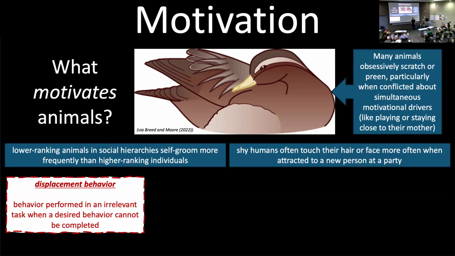Like a dog might encounter a statue that it's never seen before, and it starts jumping in place because it wants to interact with the statue, but it's also a little bit weird, and it doesn't make sense why the dog is jumping around while staring at the statue. That's what people would bin into displacement behavior. The dog wants to do one of these other two things, it can't, so it ends up doing this other irrelevant thing in between.